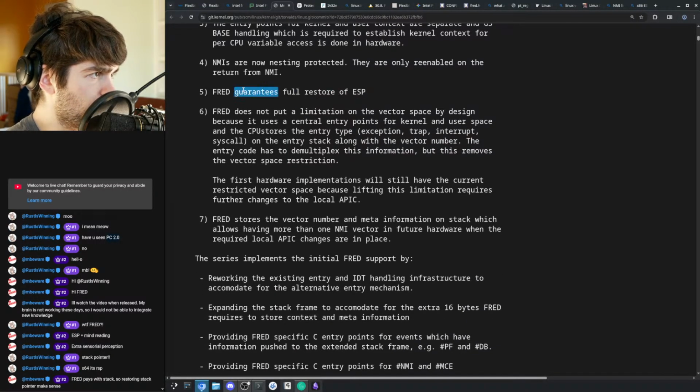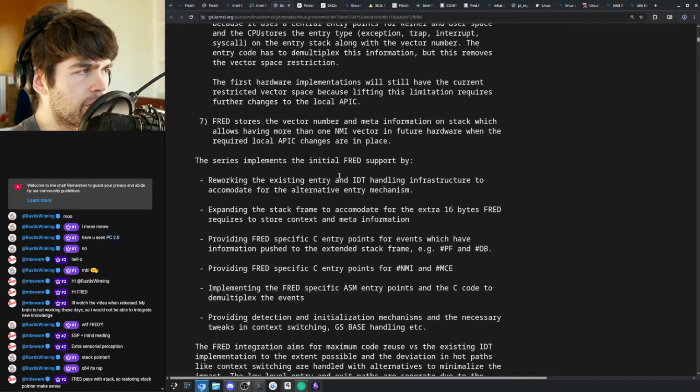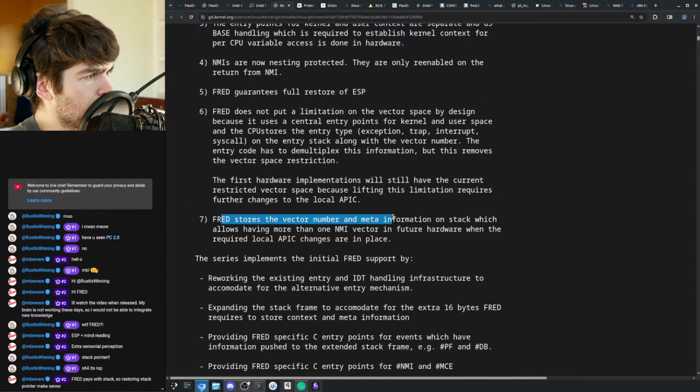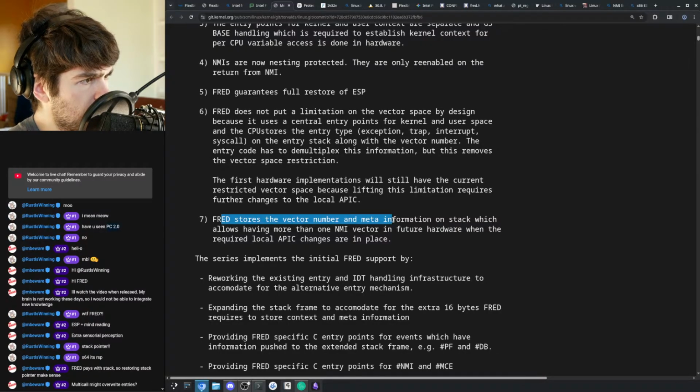Or could it be 4 and it's just assumed that it could be an issue? I don't know. FRED stores the vector number and the meta information on the stack, which allows having more than one NMI vector in future hardware when the required local APIC changes are in place.